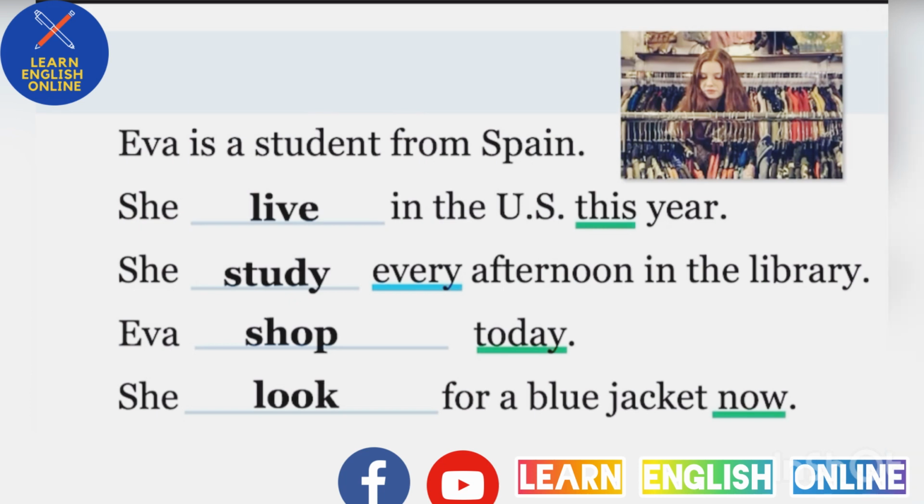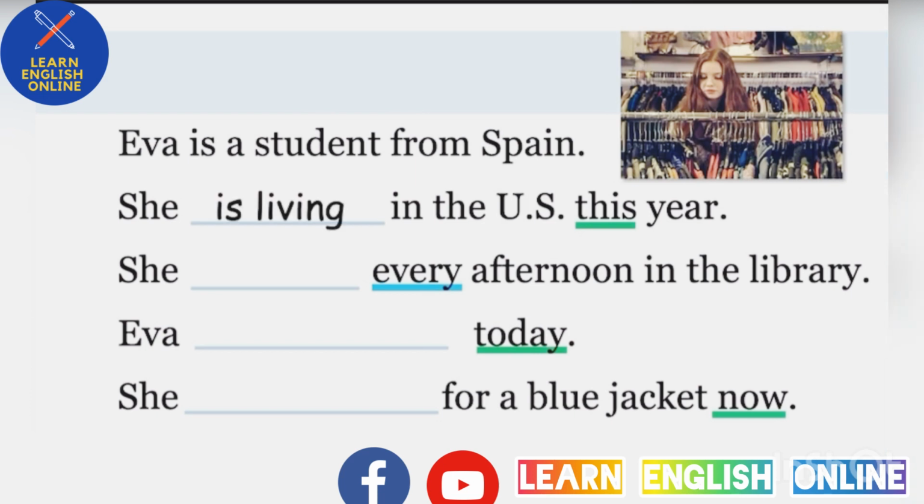Are you ready for the answers? Ava is a student from Spain. She is living in the US this year. This year tells me it should be present progressive because it's happening now. She studies every afternoon in the library.